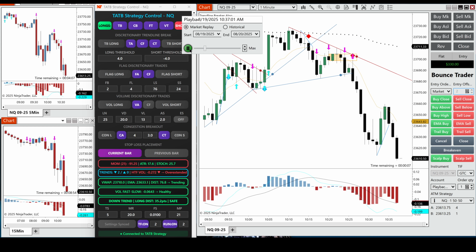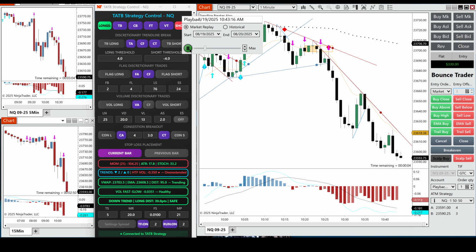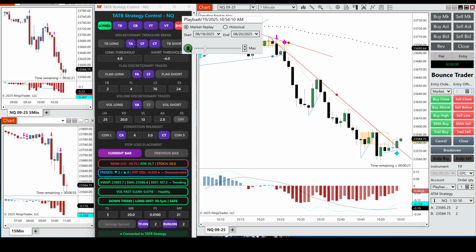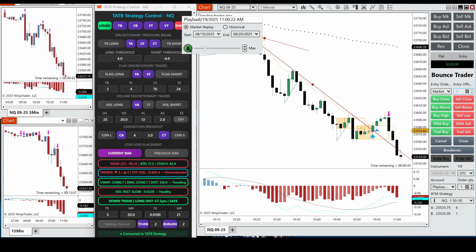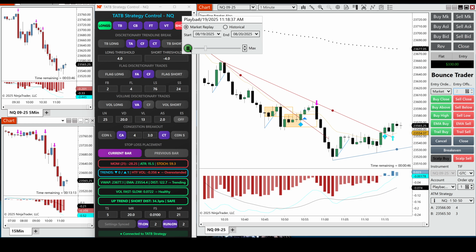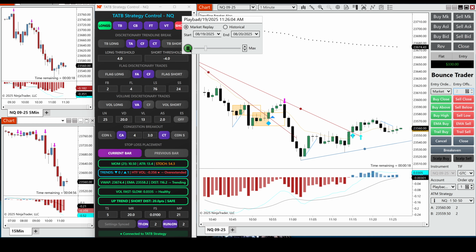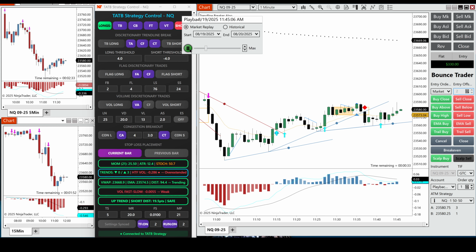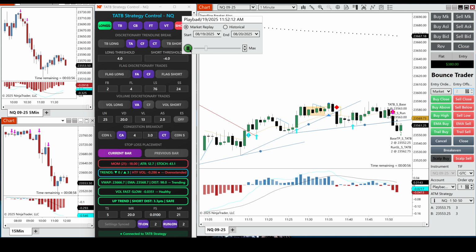Flag down setup. Flag down setup. Congestion. Volume down setup. Flag down setup. Trend. Volume up setup. Flag up. Volume up setup. Congestion. Trendline. Volume up setup. Trendline breakdown setup.